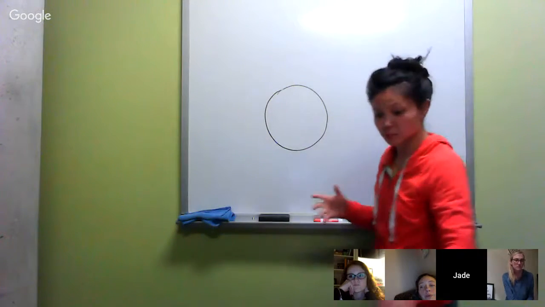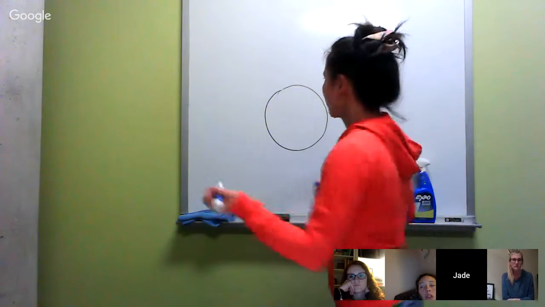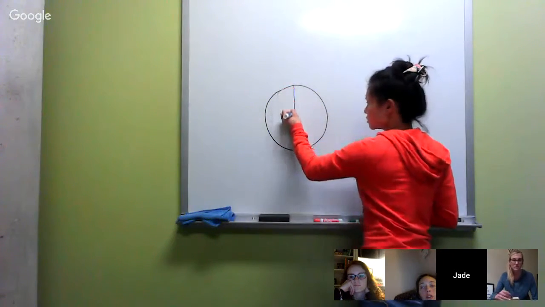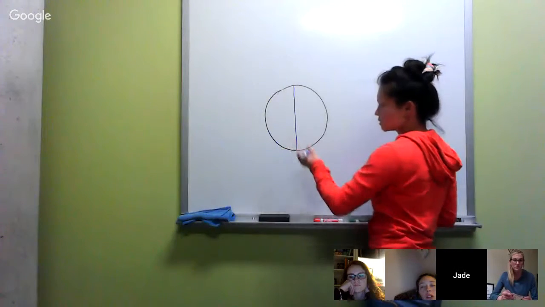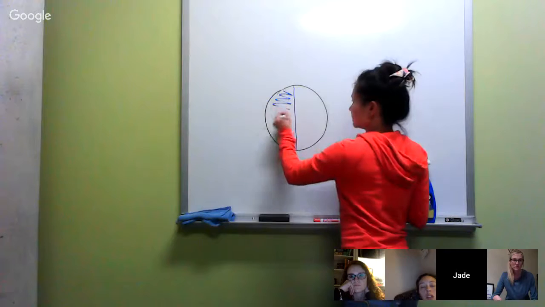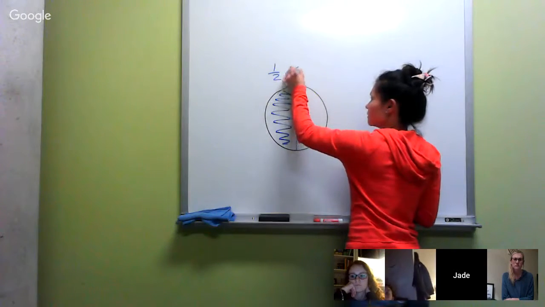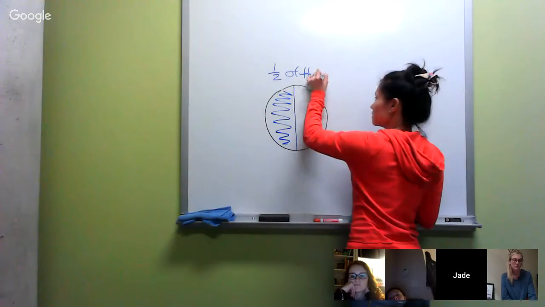So I'm going to grab a different marker, and this is where your coloring pencils can come in. She wanted me to draw 1/2 of a circle, so I'm going to split the circle in half and color one side of the circle. And it's showing me that I know 1/2 of the circle.